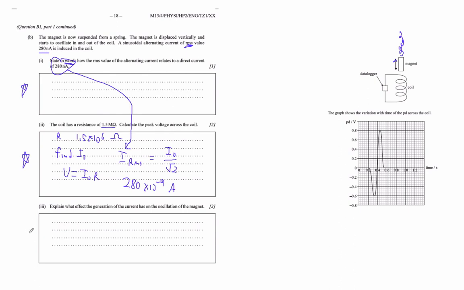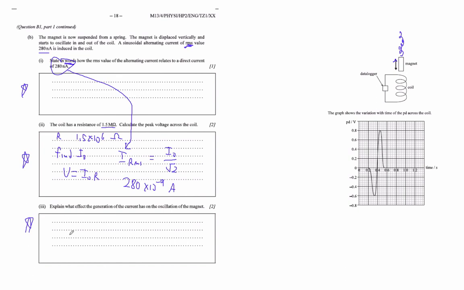Explain what effect the generation of current has on the oscillation of the magnet. Well, at 280 nanoamps, the actual magnetic attraction and repulsion of this thing is fairly inconsequential compared to like the air friction. I'm just guessing, and this is just a guess.